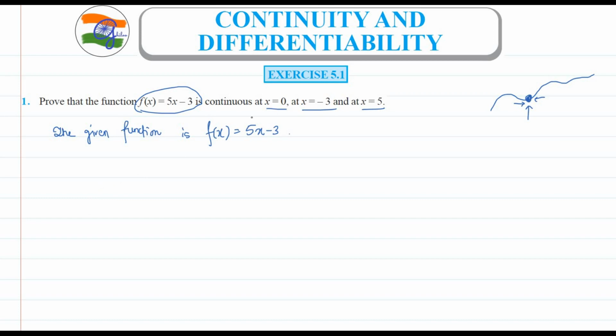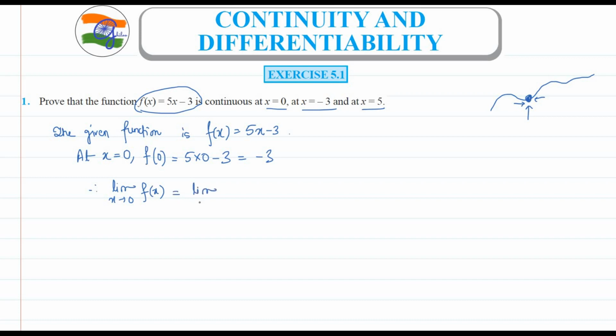So first let us check it at x equal to 0. At x equal to 0, first let us check the value of the function, f(0), that is 5 times 0 minus 3, which is equal to -3. If we get the limiting value of f(x) from the right hand side as well as the left hand side to be -3, we can conclude that it is continuous. So therefore limit of x tends to 0, f(x), that includes both the RHL and the LHL, because the definition is intact, both LHL and RHL must come to the same value.